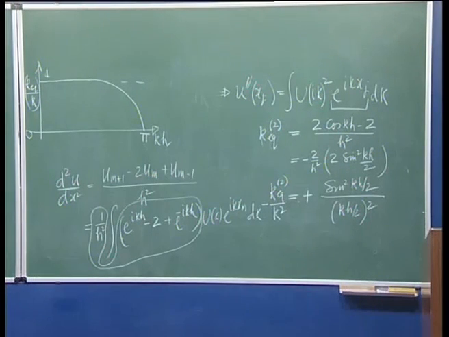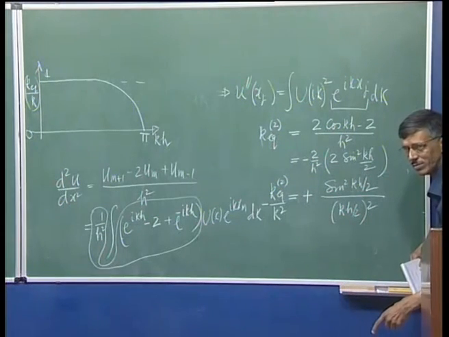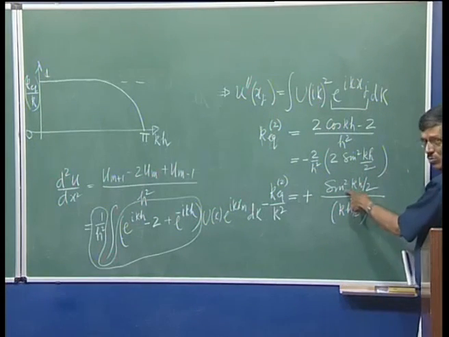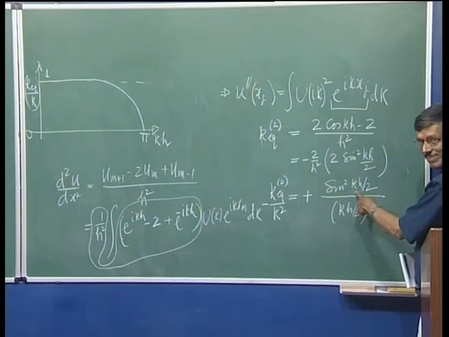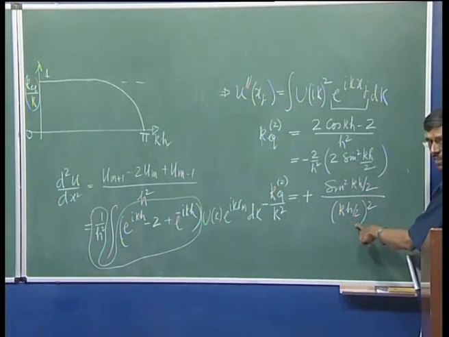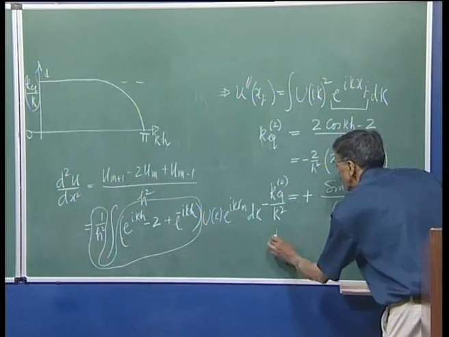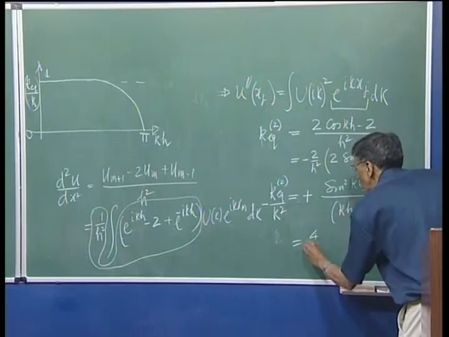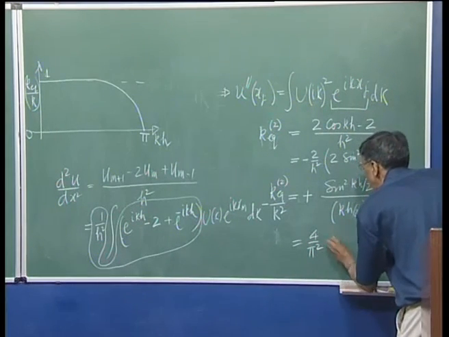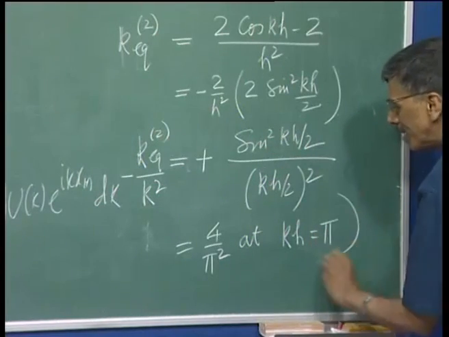So, you see what happens at the limit k h equal to pi. K h equal to pi, this becomes 1, right, this becomes 1, and this is pi by 2. So, I will get this equal to 4 by pi square at k h equal to pi.